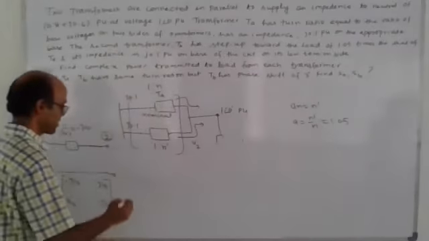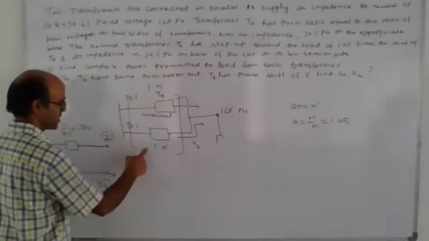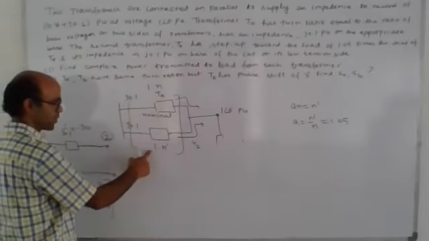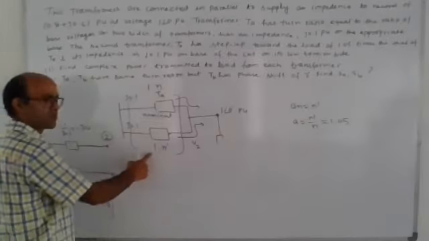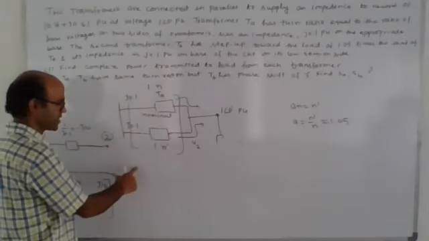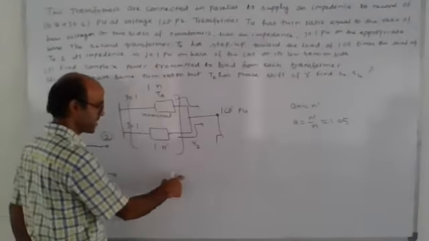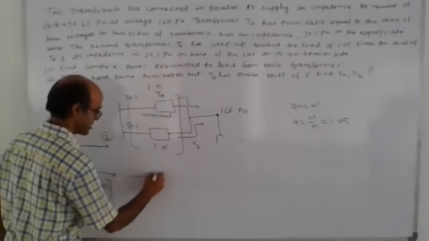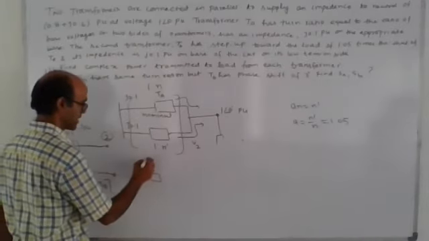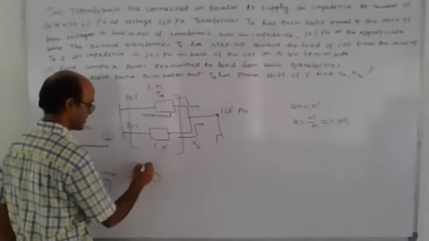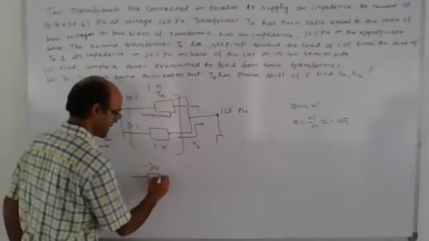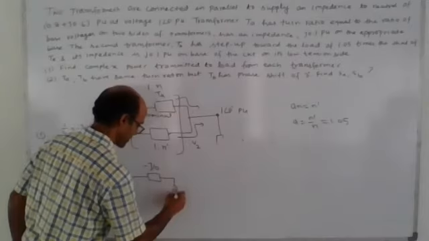So you can also draw its equivalent. This is a regulating transformer, so it can be broken up into two parts: one is a nominal transformer and the second one is an ideal transformer. There is an admittance, I am writing this admittance, minus j10, 1/j0.1, and then there is an ideal transformer.